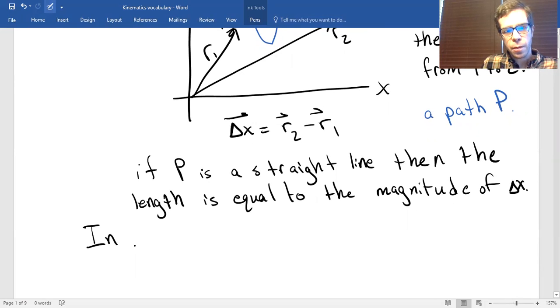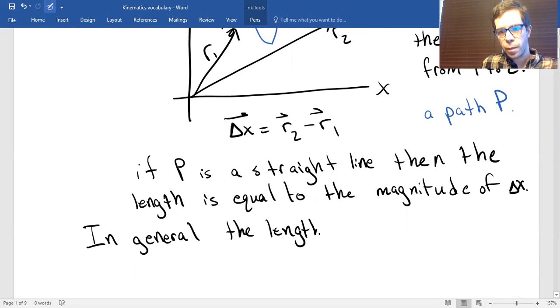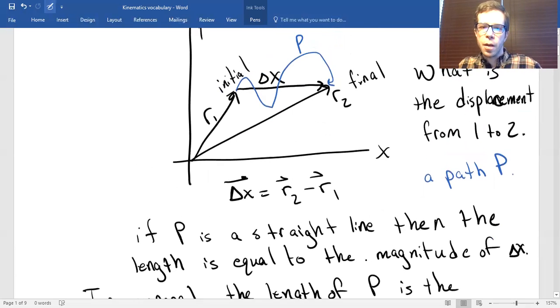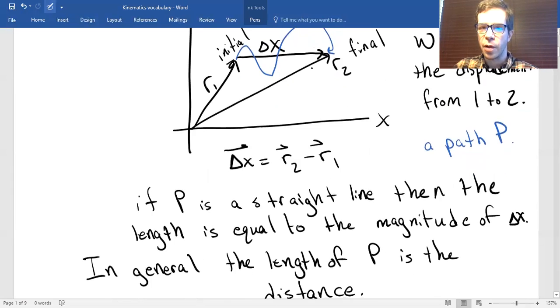In general, the length of P is the distance. So this is the difference between distance and displacement. The distance can be equal to the displacement if we move in a straight line, but in general, it's whatever the length of our path is if we take some other path.